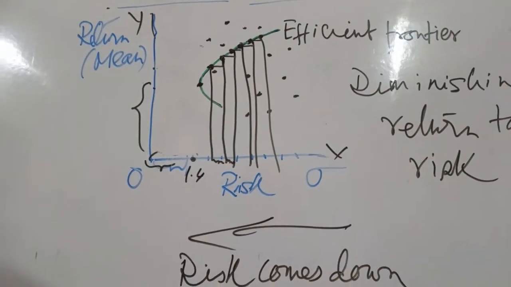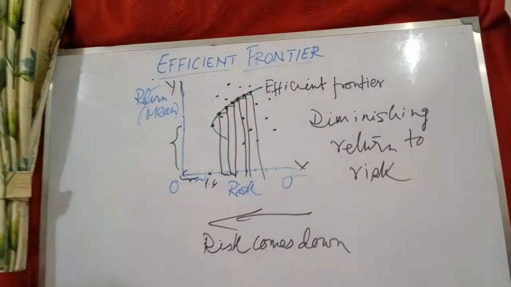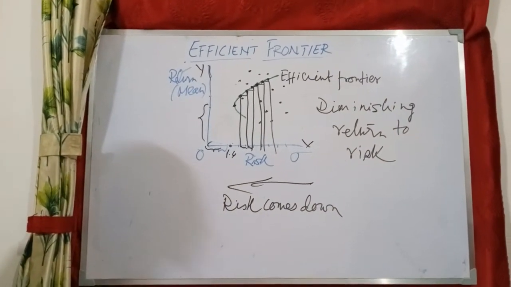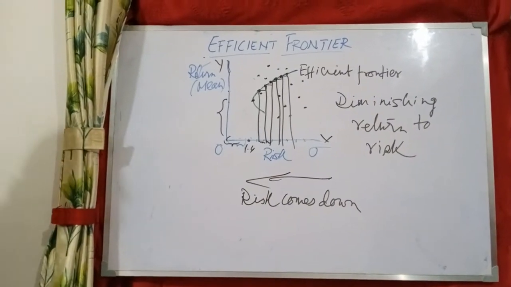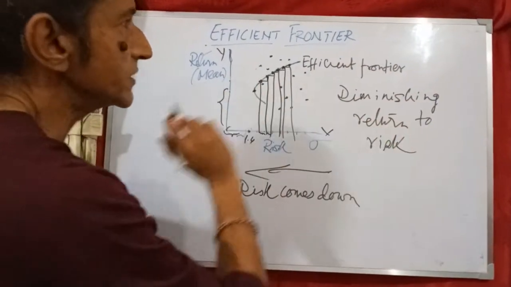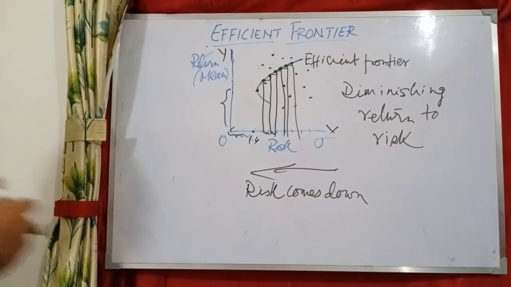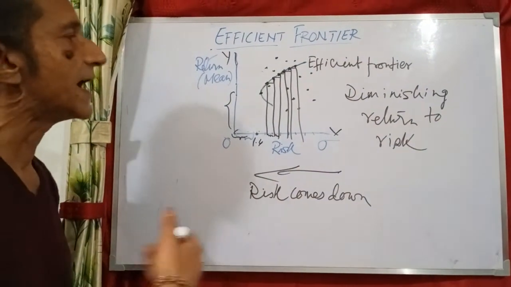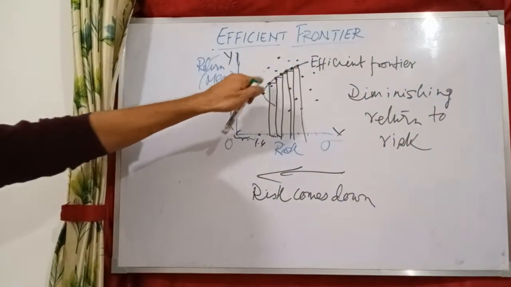With every additional level of risk, the return increases at a decreasing rate. That is called diminishing return to risk. That's why this line is curved.